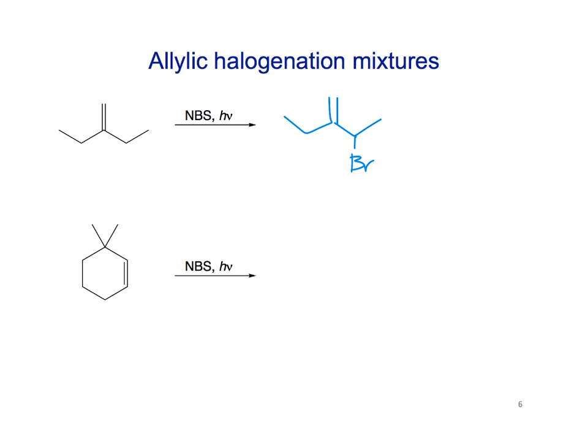Either side would be the same here, but we're always going to get a second product. So where would this alternative position be for the other product? It's going to be up here on the position there, and the double bond's going to be shifted down like this.